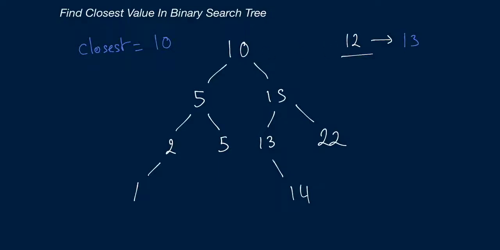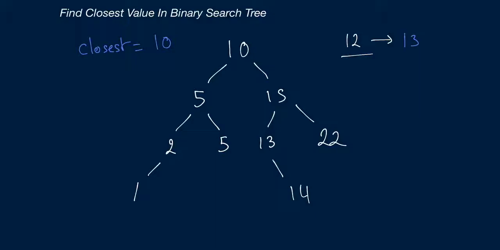And here we notice that 10 is smaller than 12, which means that all the numbers to the right of 10 must be greater than or equal to 10 because we are in a BST. And so that means that every number to the left of 10 must be smaller than 10. And therefore, the distance between every single number to the left of 10 and 12 must be greater than the difference between 10 and 12.